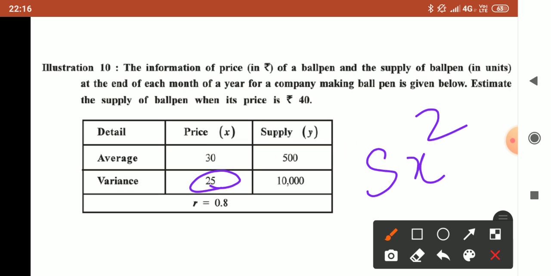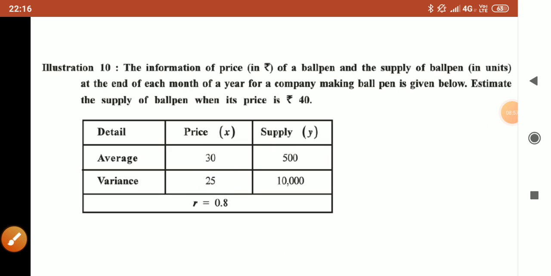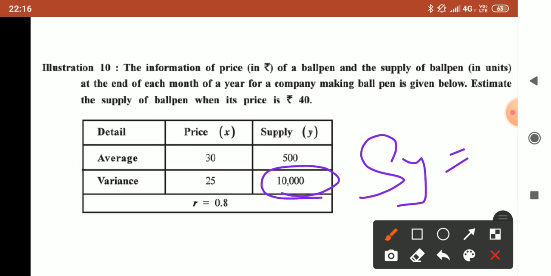If you want to find sx, here it is 25, so sx will be 5. Similarly here sy square is 10,000, so sy will be 100.